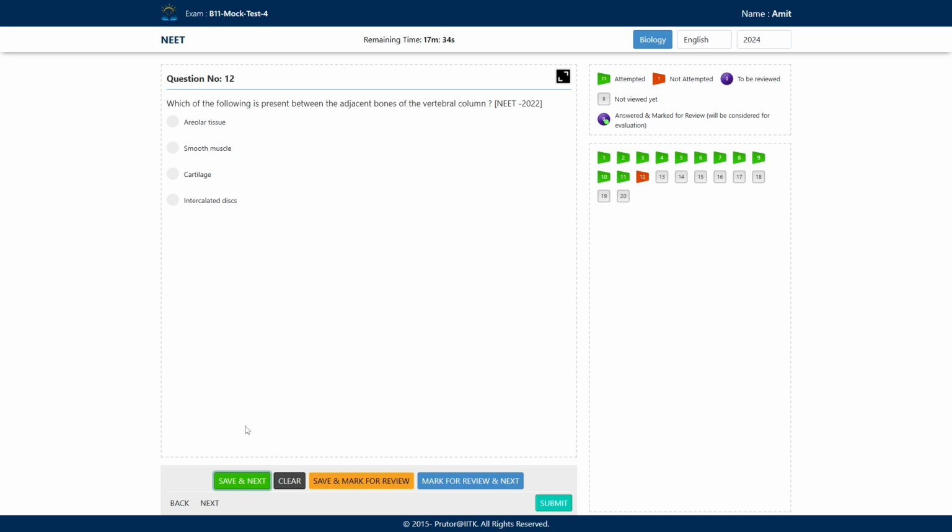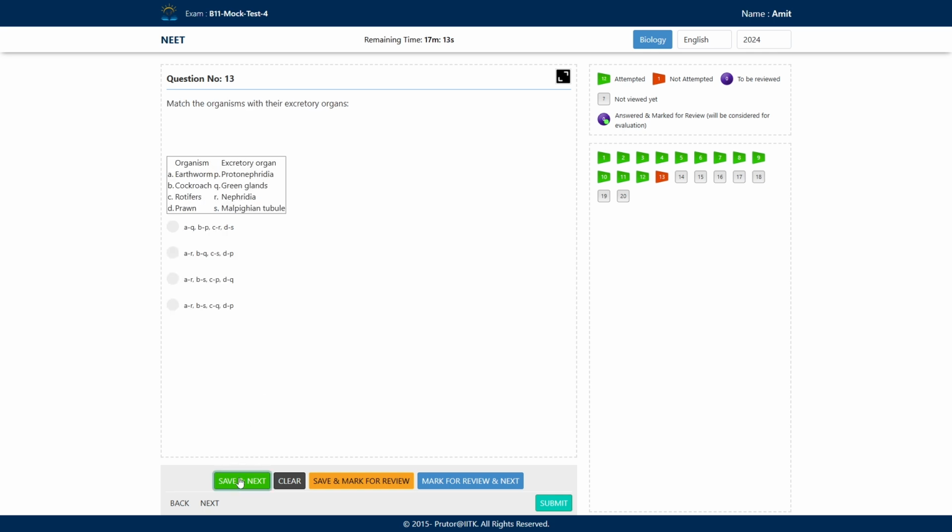So every edge of the bone has a covering of cartilage, so that when they are in movement, they do not rub each other, and our bones are always protected. So cartilage is the correct answer. We can save this as a correct answer and move to our next question.